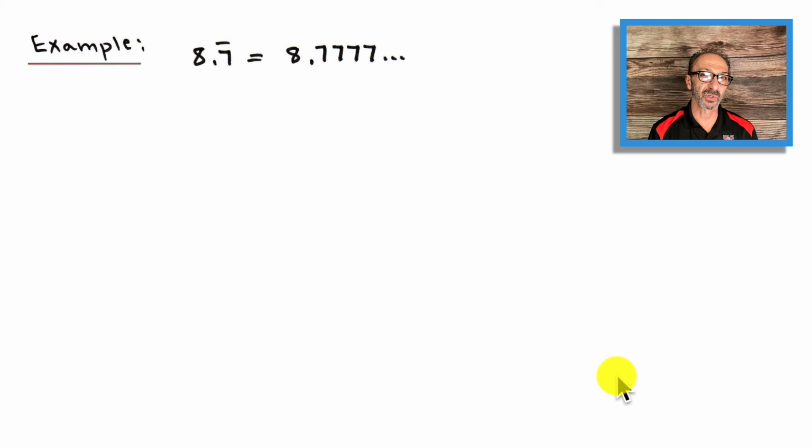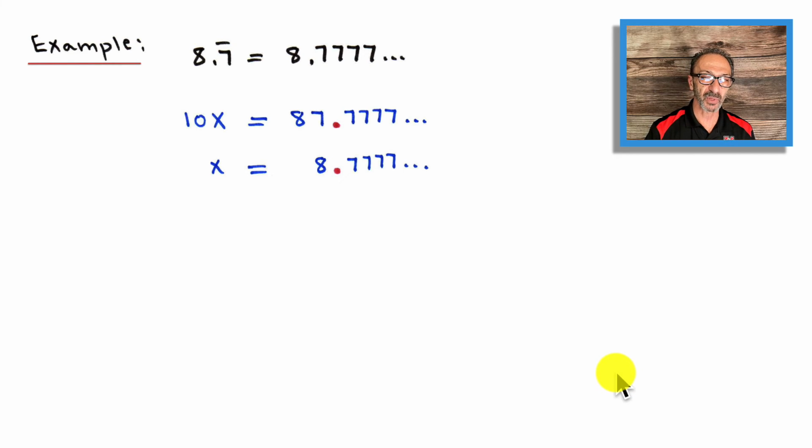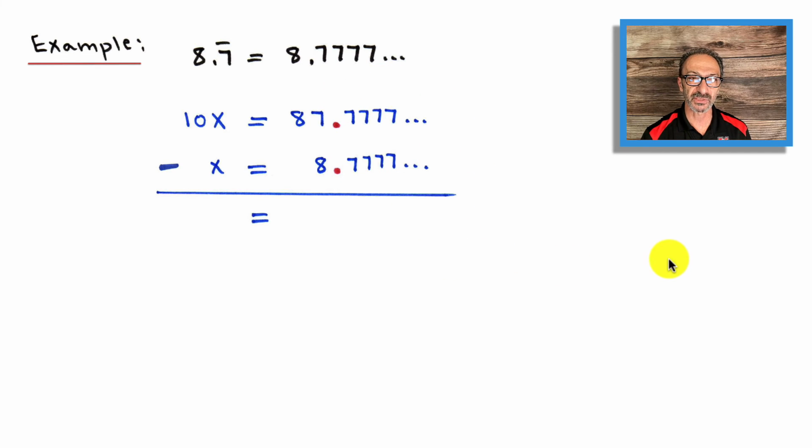8.7 repeating. So I have the 7 repeating as 1-digit repeating. The 8 is not really a problem. We're going to multiply by 10 after we call it x, and put it on top so we could subtract. I move the decimal once after I multiply by 10. The right hand side cancels, and that's exactly what I want. Let's subtract both sides.